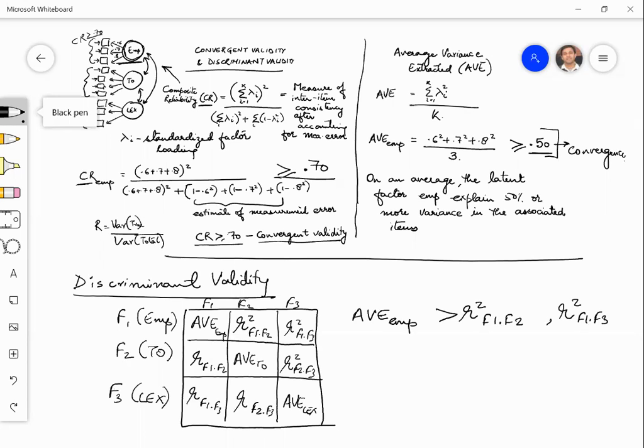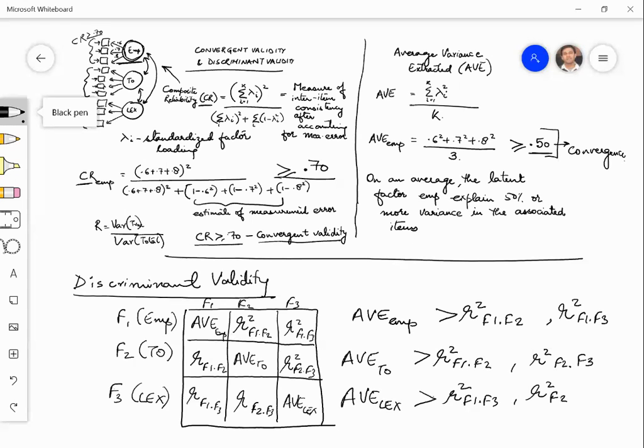Similarly, AVE of the second factor should be greater than R square of EMP with TO and R square of TO with LEX, and AVE of LEX should be greater than R square F1 F3, that is EMP with LEX, and R square TO with LEX.